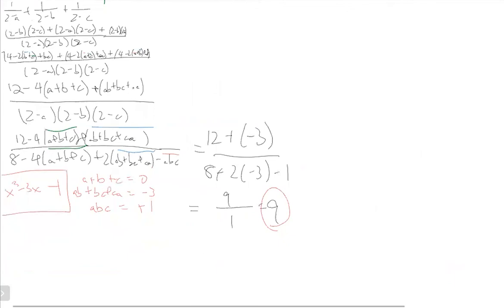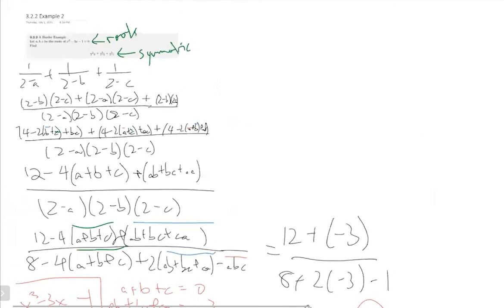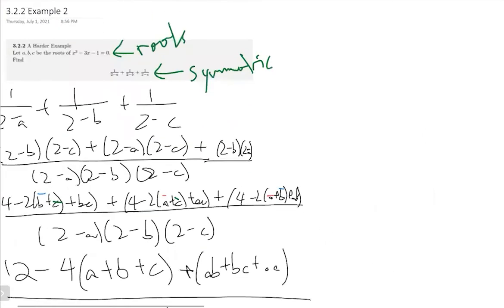So this problem involved a lot of bashing. It might have looked really hard in the beginning if you didn't know Vieta's, because then you would first be stuck on how to find the roots, and second, you would not want to plug those roots into the expression.